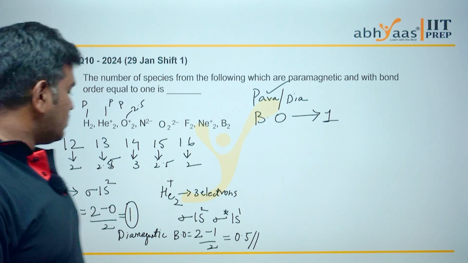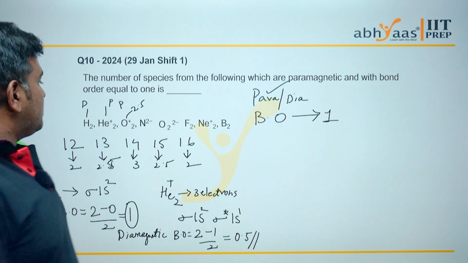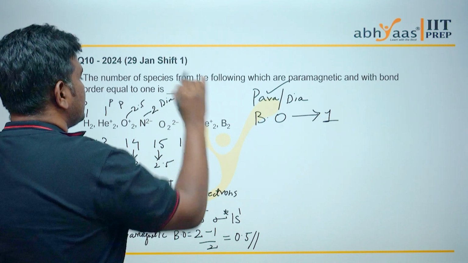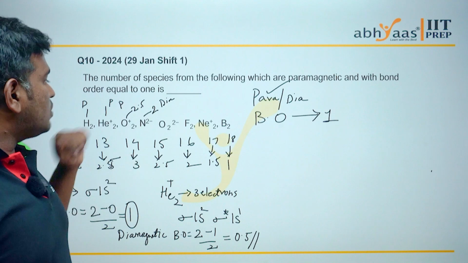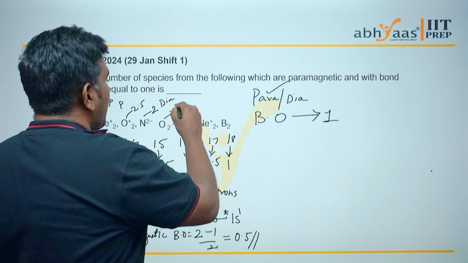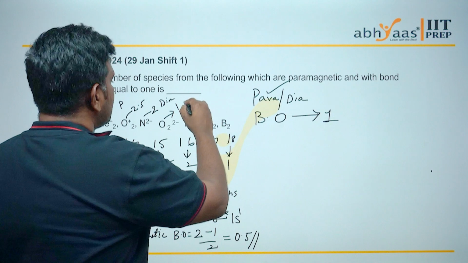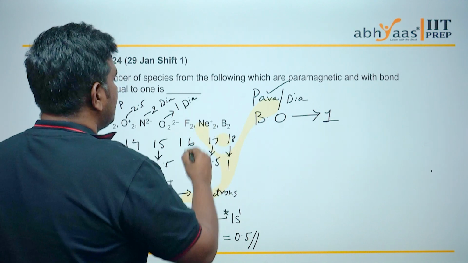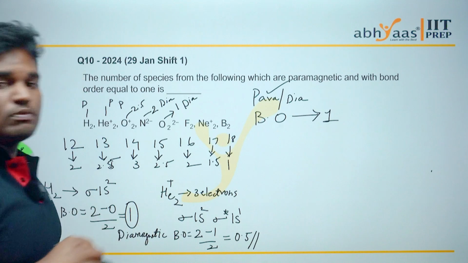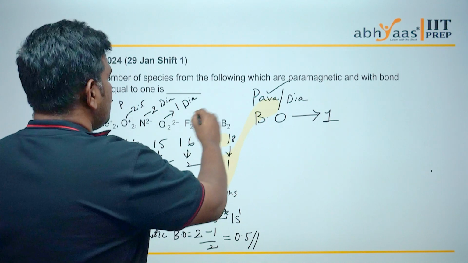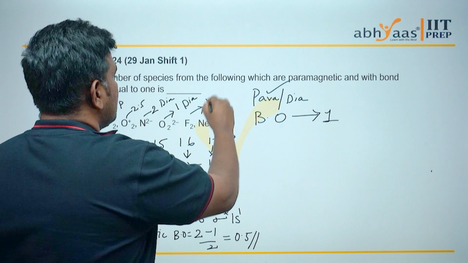For 16 electrons the bond order will be 2, and it is diamagnetic. O2 2 minus will have 18 electrons and bond order 1, and it is diamagnetic. Now F2 also has 18 electrons.